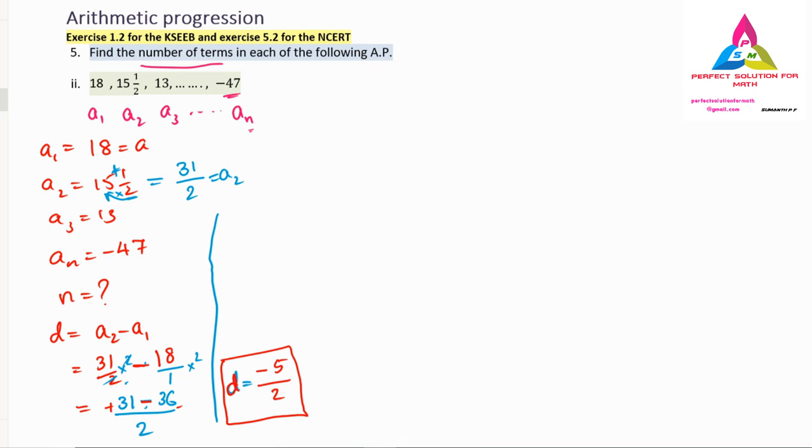This one we have to substitute in the formula, because an is given, so the last term is given, so only an we have to substitute. So an is equal to a plus n minus 1 into d. The an value is already given, substitute that value, that is minus 47. The a value is 18, because this is the first term, so the first term is a plus n minus 1 into d.